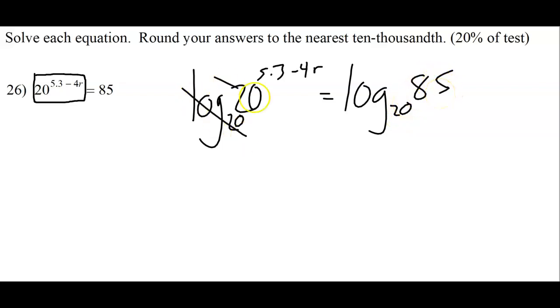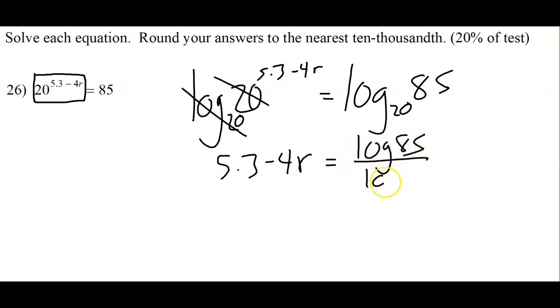In this case, these cancel out. We have 5.3 minus 4r. And on the right side, we're going to be doing the change of base formula. So we need our calculator for that. And I get 1.683 approximately.